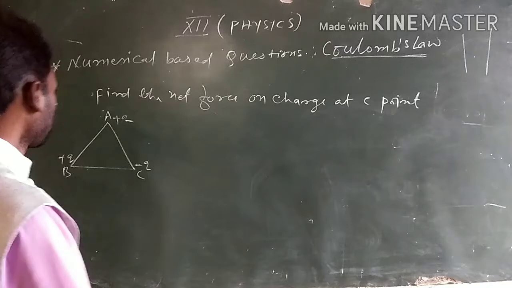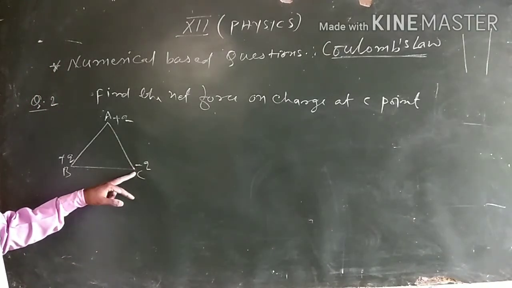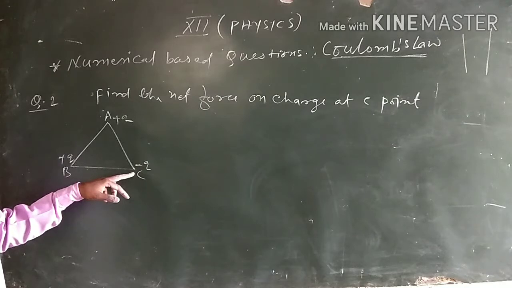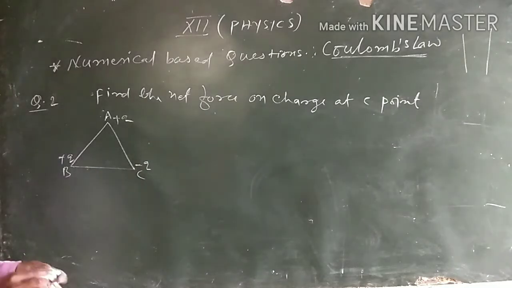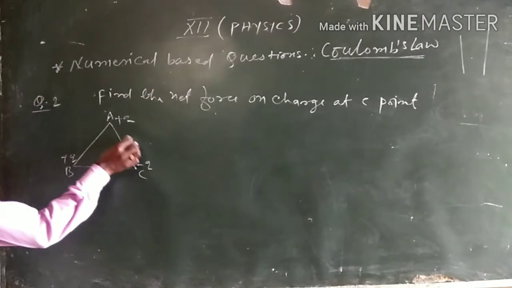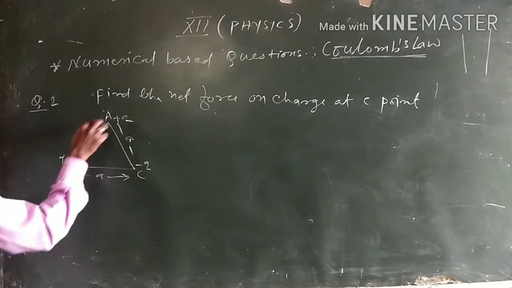Okay, dear students, now this time we take a minus Q charge over here. Some students may not be clear on the doubt, that's why I am taking the minus Q here. The formula and process will be the same, and the distance will be the same in the equilateral triangle.